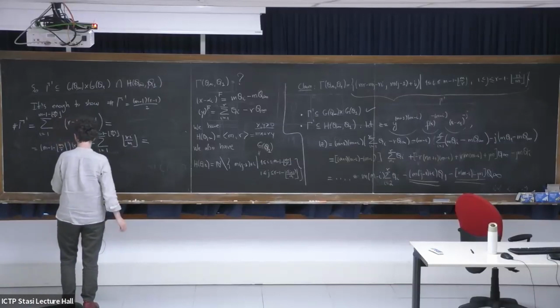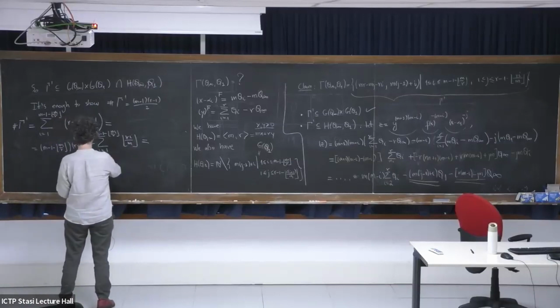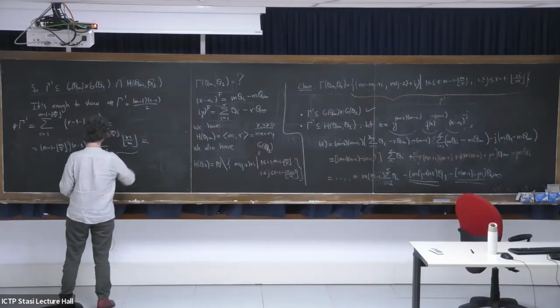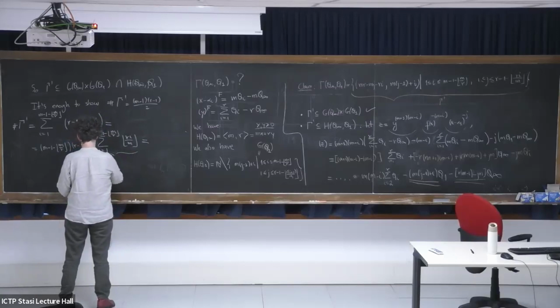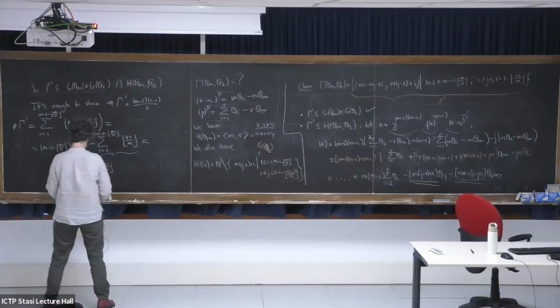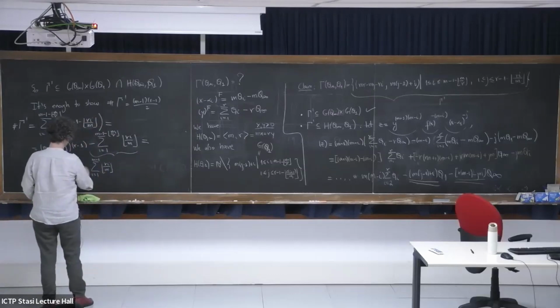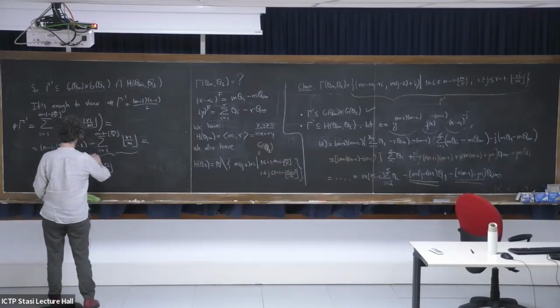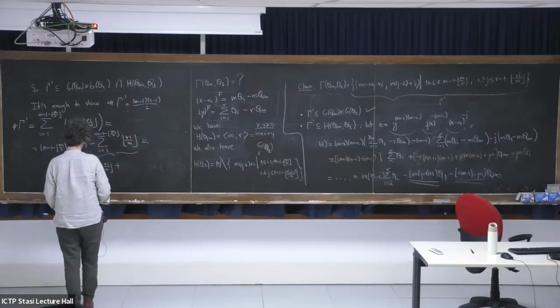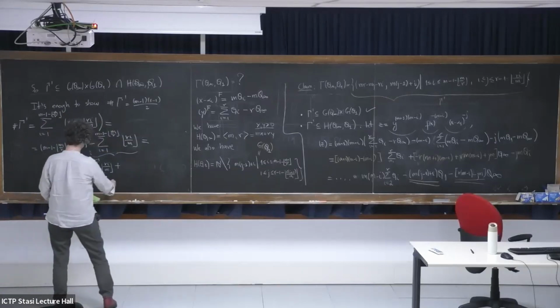So this part I can just write as the sum minus 1 of this. So I do, okay, so I'm just doing, well, minus, plus, and now I do the other part.